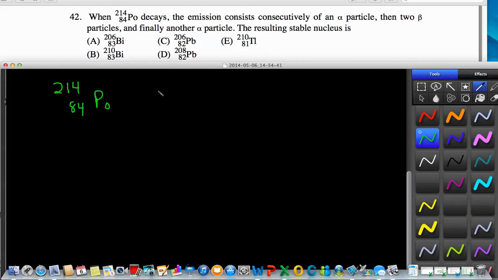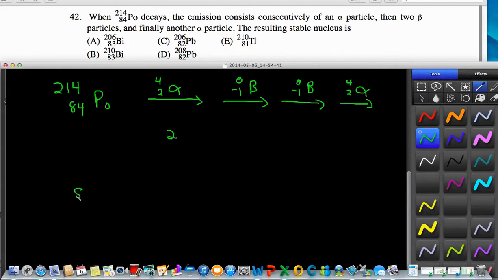And polonium consists of decay from an alpha particle and then 2 beta particles. And then finally another alpha particle. So the mass number changes by 2.